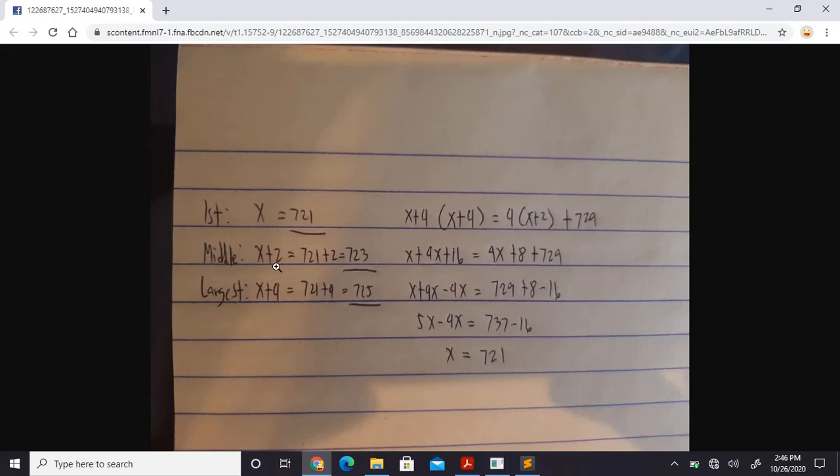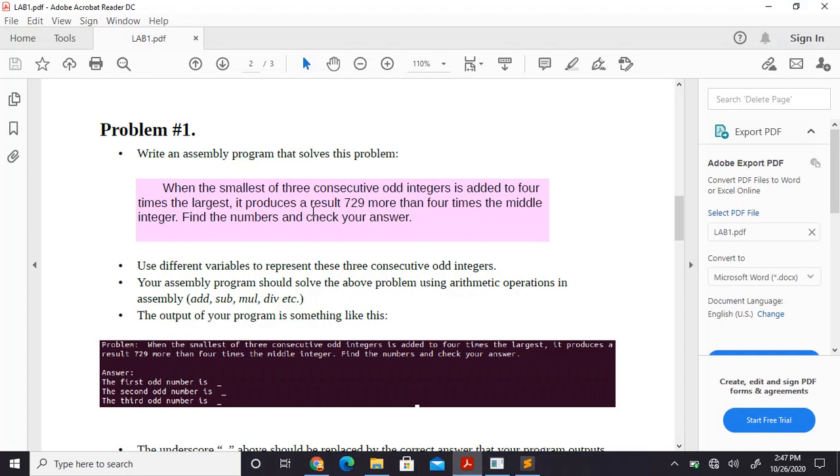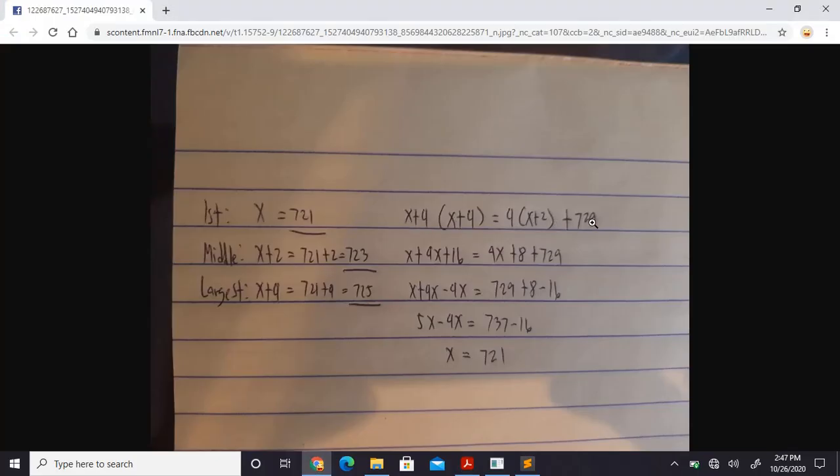By that same logic, the largest, third consecutive integer should be x plus 4 so that its outcome is still odd in the end. So then, given this problem, I came up with this solution.